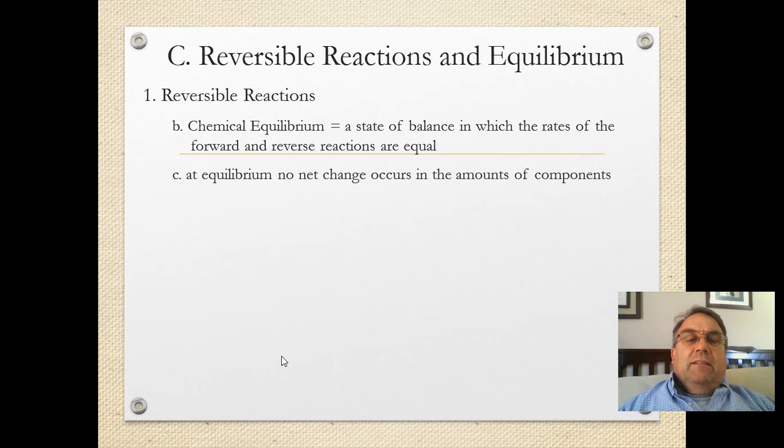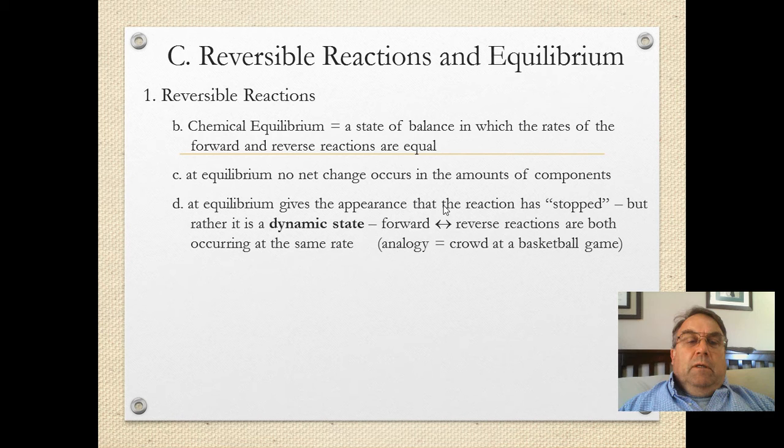Well, in this case, the rates are equal, so there's no net change. It's not that the reactants and products are equal in amount, it's that the rate of production is equal. So at equilibrium, it gives the appearance that the reaction has stopped, but rather it's a dynamic state where the forward and reverse reactions are occurring at the same rate.